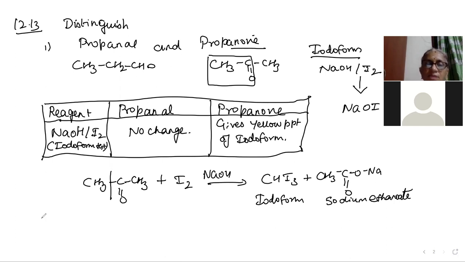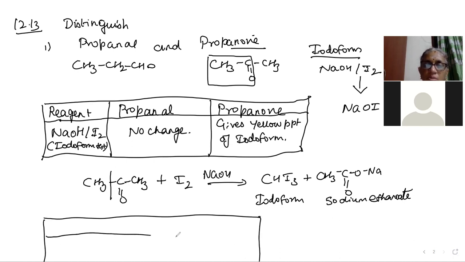One more reaction we can use. Just write either one of these. Okay, either this or the next one. So here what do we do? Just write reagent, and in the next column you write propanal, and in the next column you write propanone.